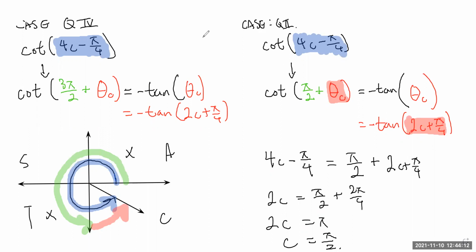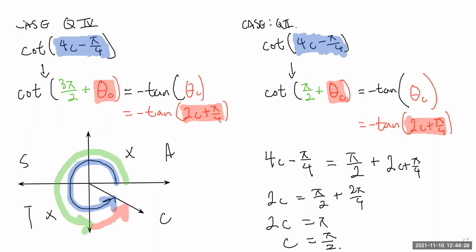So go back. This 2c plus pi over 4 is this portion of my original cotangent, which means 3 pi over 2 plus 2c plus pi over 4 is equal to my blue angle.